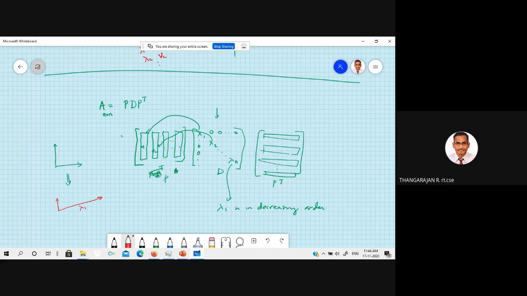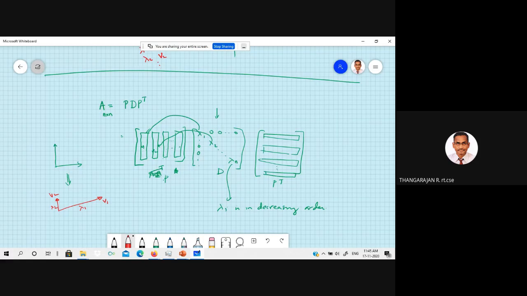This will be lambda 1, this will be lambda 2. These are two axes which are orthogonal to each other, and one is scaled by lambda 1, the other by lambda 2. This is B1 and this is B2.